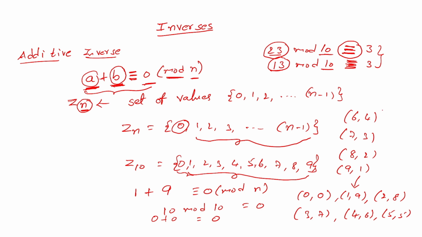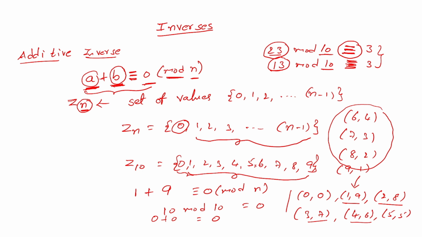No need to write all these values because we have already written 1, 9, 2, 8, 3, 7, 4, 6. If you observe this, each integer has a unique additive inverse value.